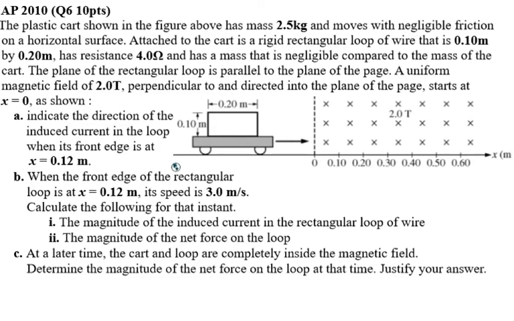On the figure below, indicate the direction of the induced current in the loop when its front edge is at x equals 0.12 meters and justify your answer. So as the loop enters the magnetic field, the magnetic field inside of the loop is going to increase and the current induced is going to be opposing that change.